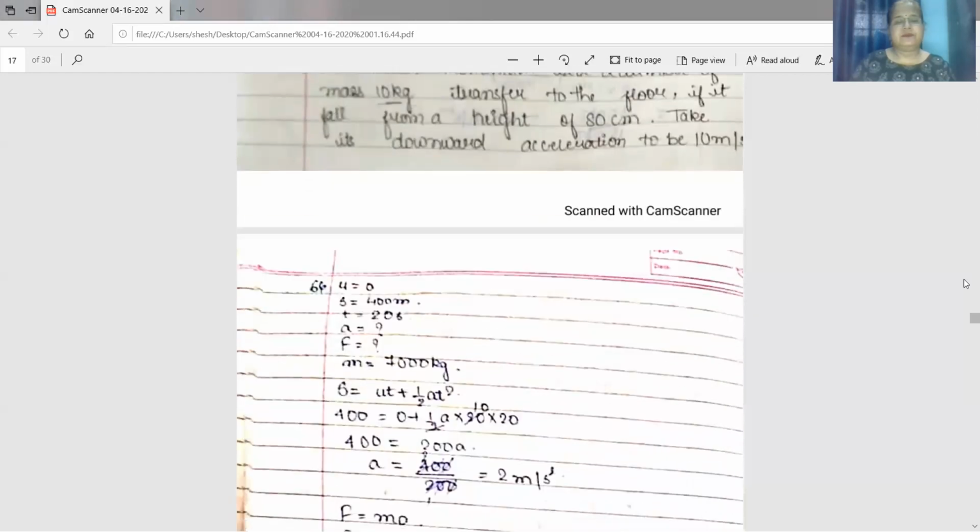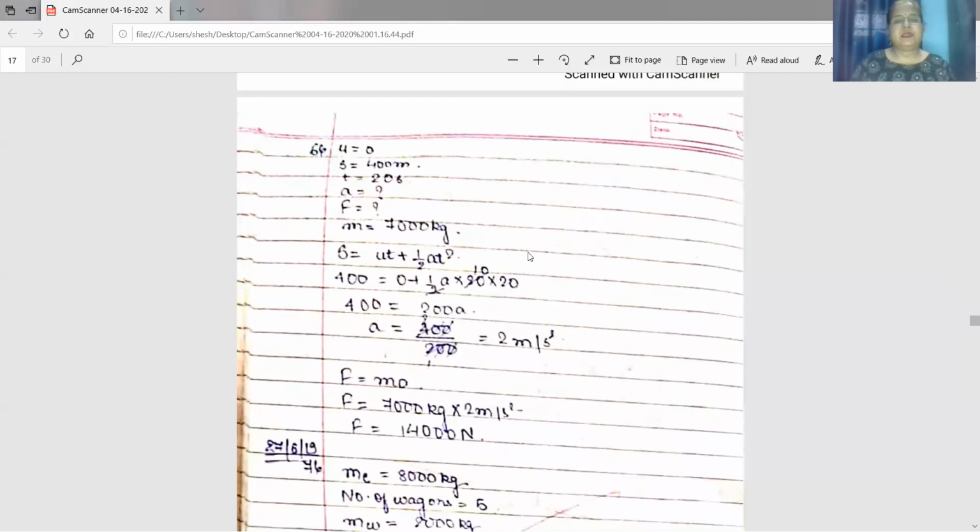See here, u is 0. Distance covered is 400 meter. Time is 20 seconds. You are asked to find out acceleration and force. Mass is given, 7000 kg. We know s equals ut plus half at square. s is 400 meter, u is 0, t is 20.